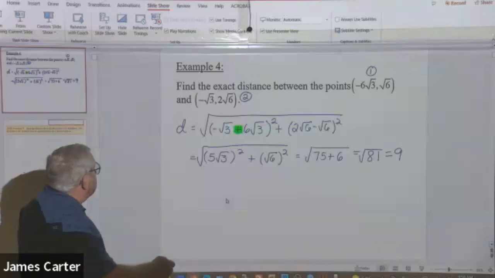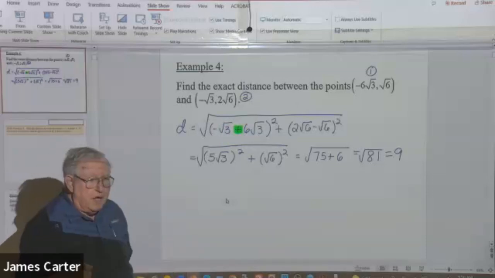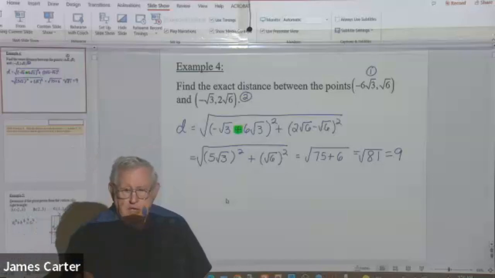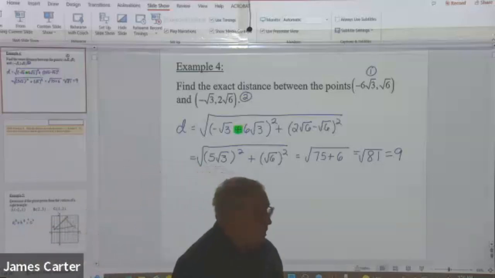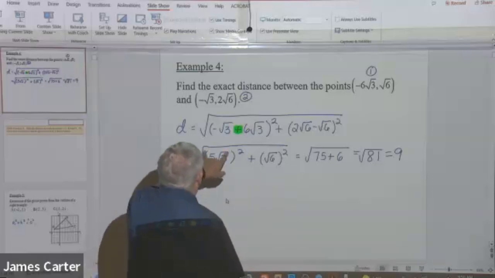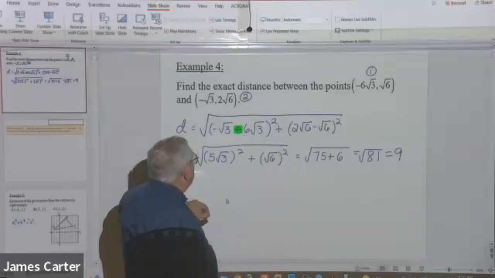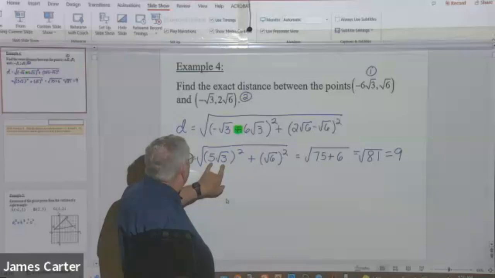But in this case, these have exactly the same variable components, because remember, radicals and variables behave the same way. Okay? So I can combine these two into 5 radical 3.